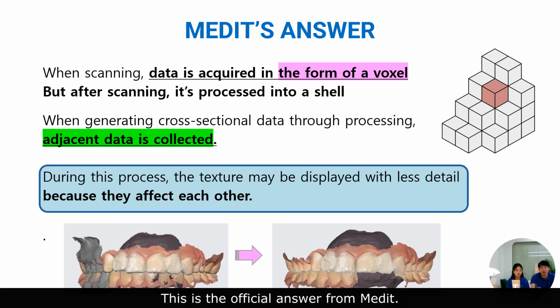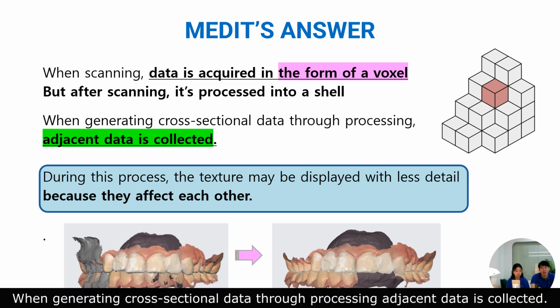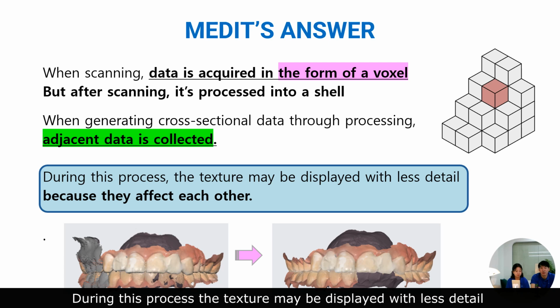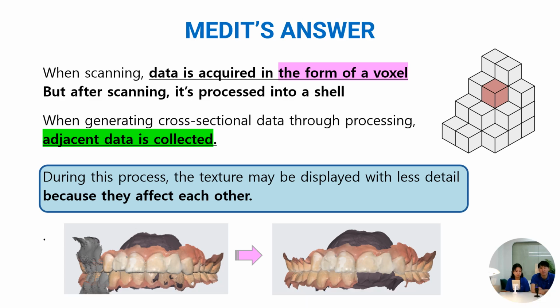This is the official answer from Medit. When scanning, data is acquired in the form of voxels, but after scanning, it is processed into a shell. When generating cross-sectional data through processing, adjacent data is collected. During this process, the texture may be displayed with less detail because they affect each other.